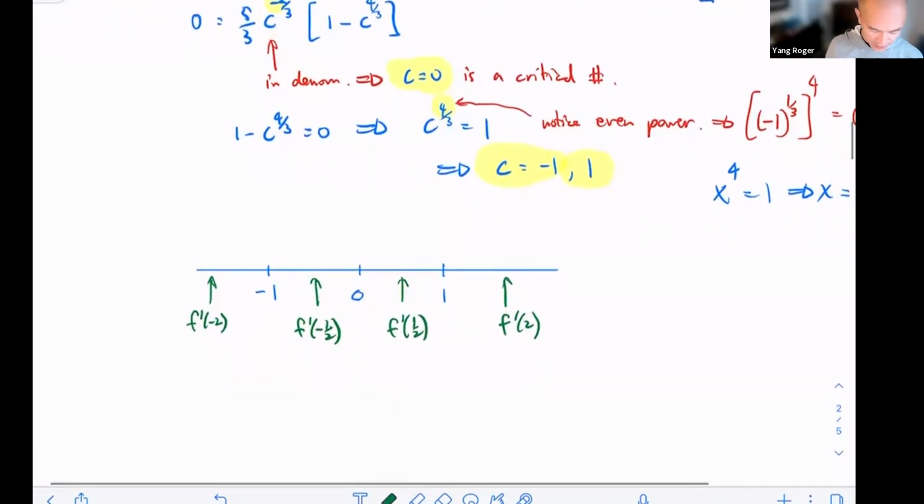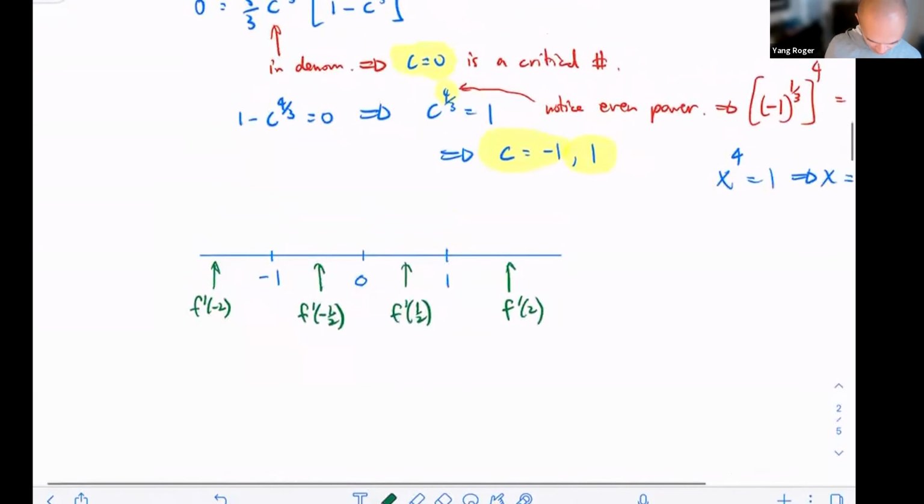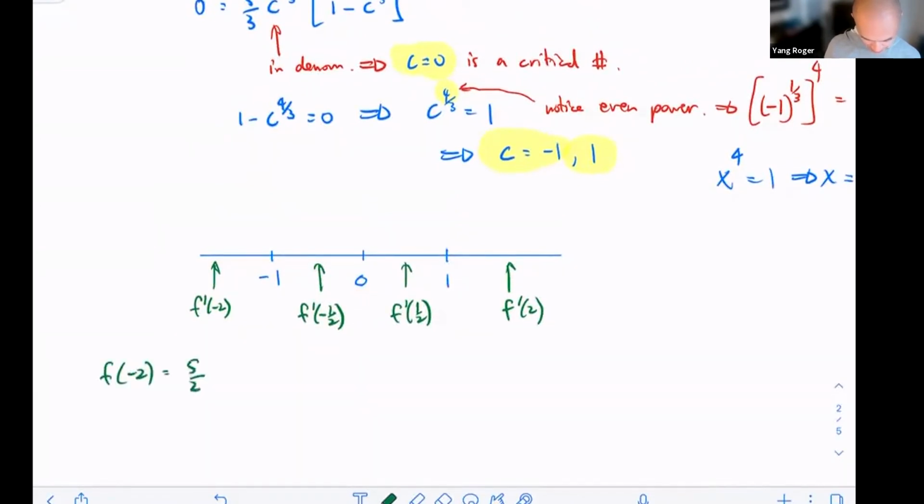You can just take your calculator and plug in numbers here. We could have f of -2 equal to 5/2 times -2 to the -2/3 times 1 minus -2 to the 4/3, like this.